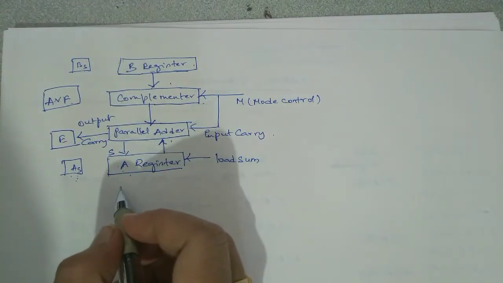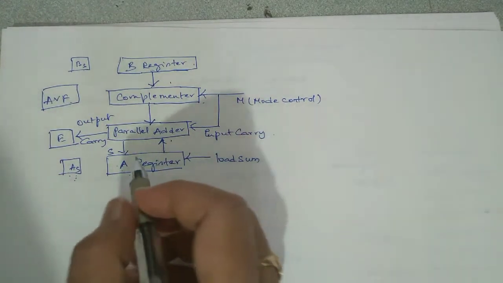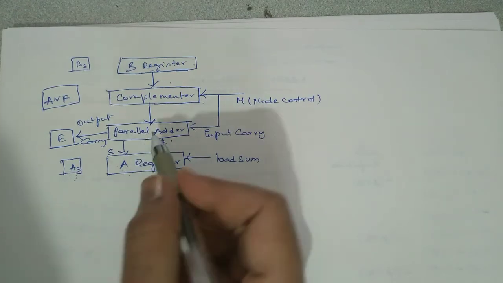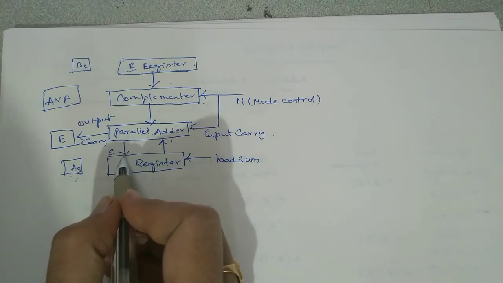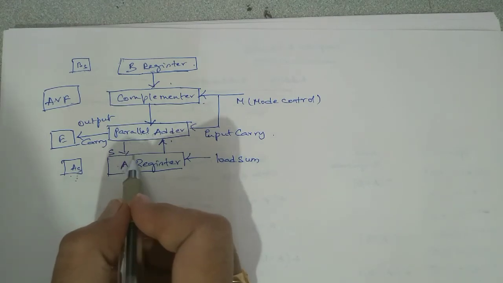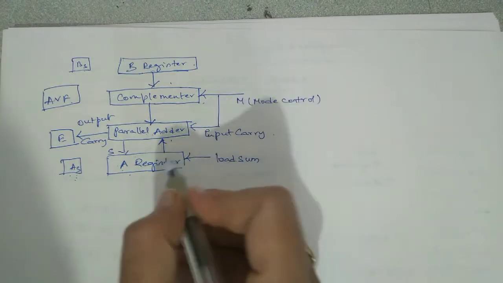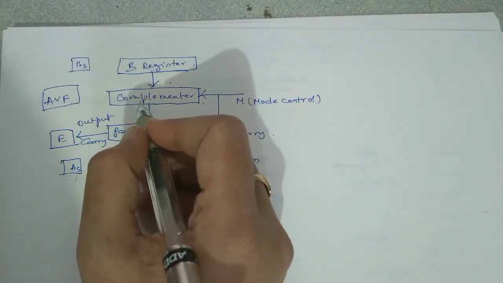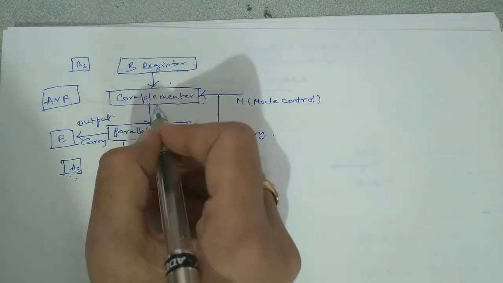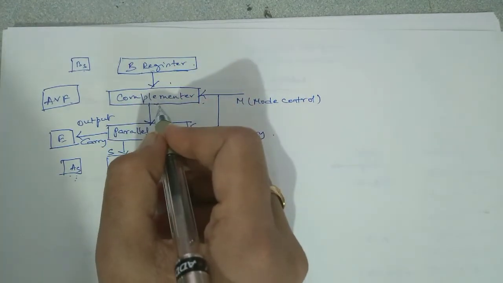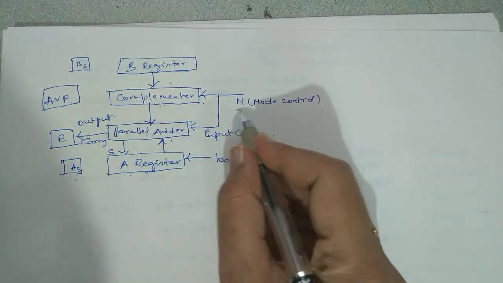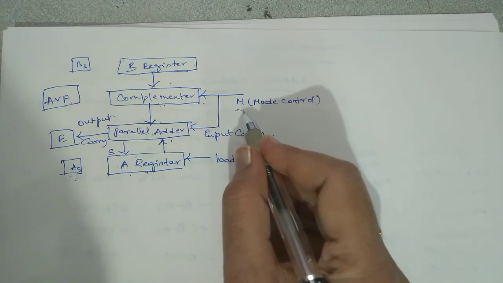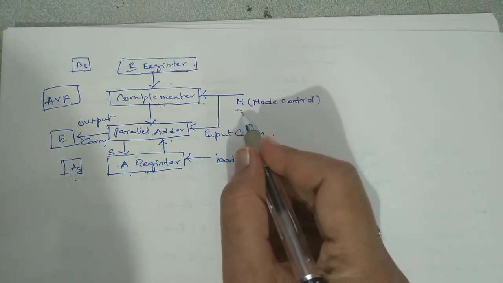The addition operation of A and B is done through the parallel adder, and S, the sum output of the adder, is applied to the input of the A register. The complementer will provide an output of B or the complement of B depending upon the state of the mode control M.